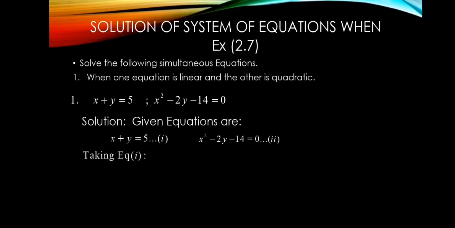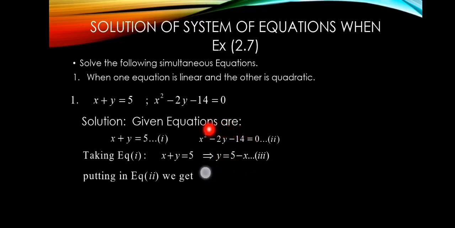Taking equation number 1, x plus y is equal to 5, we find the value of y out of this equation, and it will be y is equal to 5 minus x. Now we will put y is equal to 5 minus x in equation number 2. That is, in place of y we put 5 minus x.